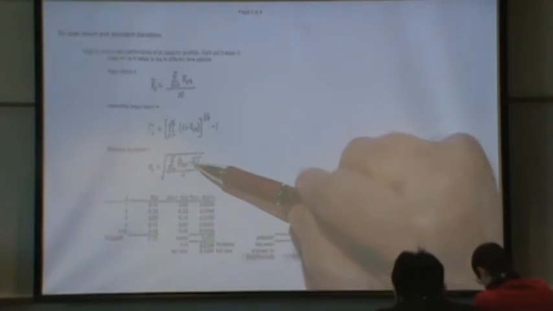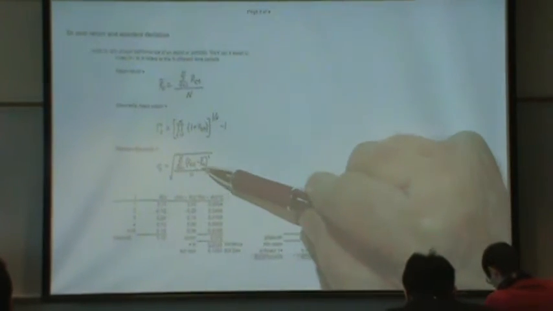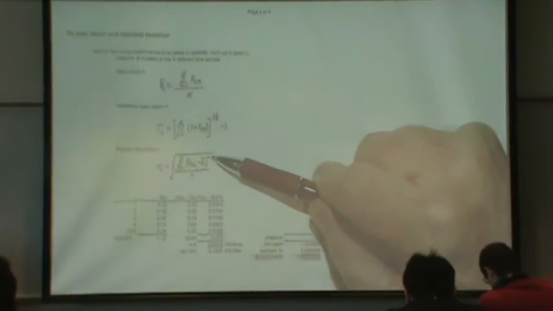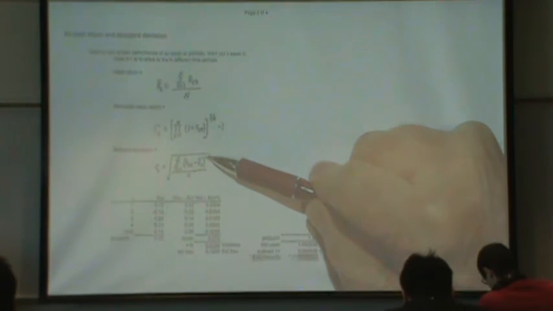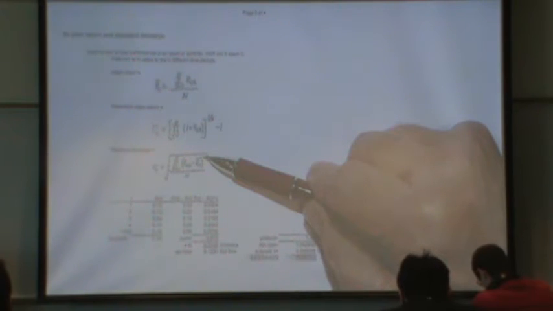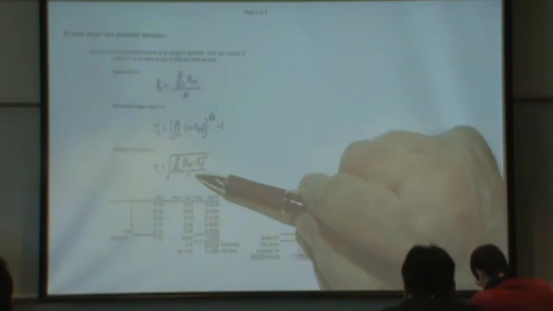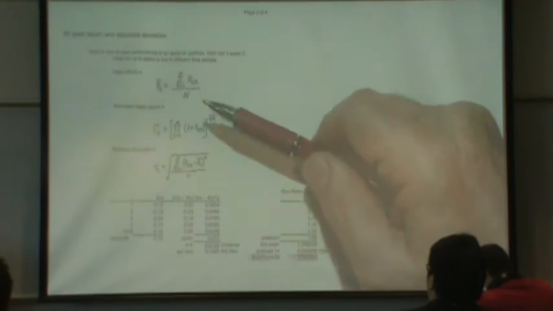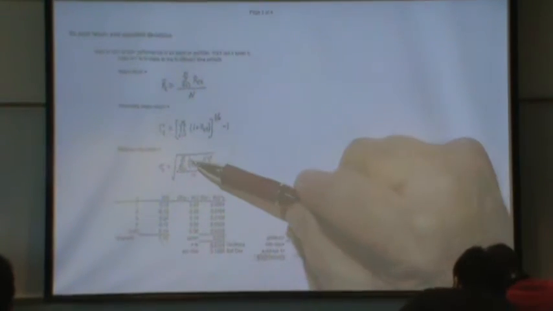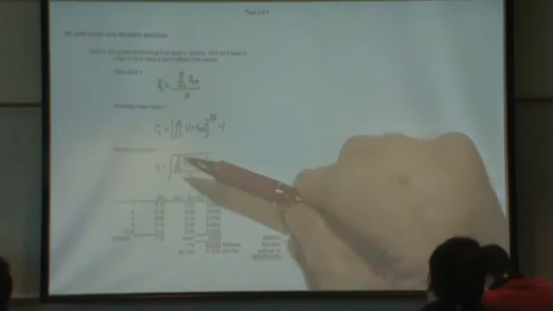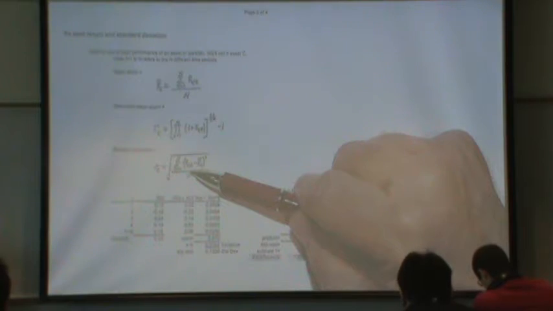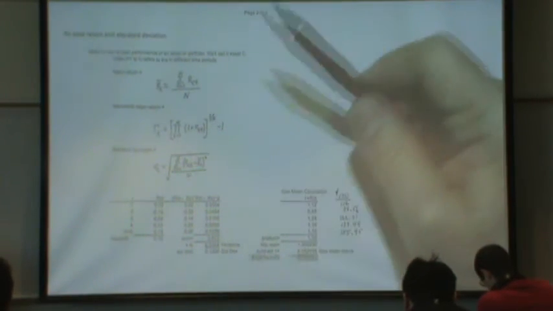We take our deviations from the mean, just as we did before. We square the deviations from the mean, just as we did before. But instead of multiplying them by their probabilities, we end up dividing them all by n. So we're going to take these deviations, square them, add them up, divide by n. No probability is included in this.